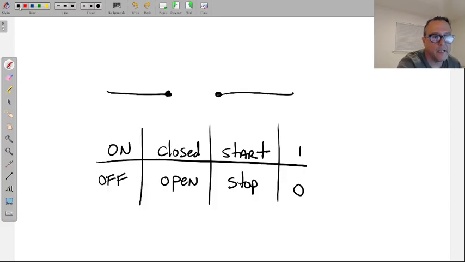So that's how you want to understand a switch, whether the switch is open or in the closed position. And then, of course, the resulting effect of that, which hopefully seems obvious: if the switch is closed, then voltage or current flows.